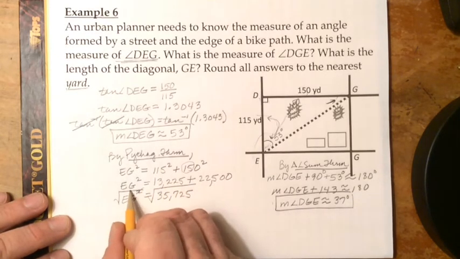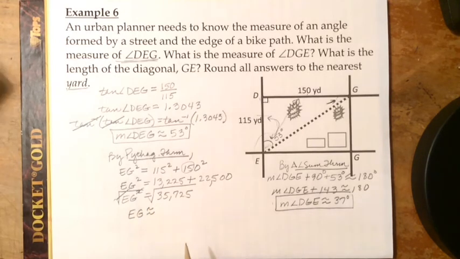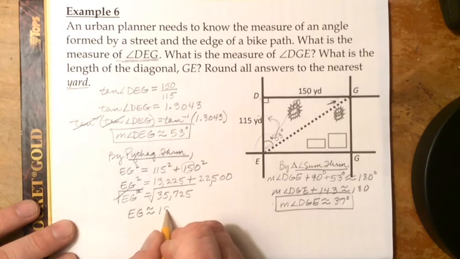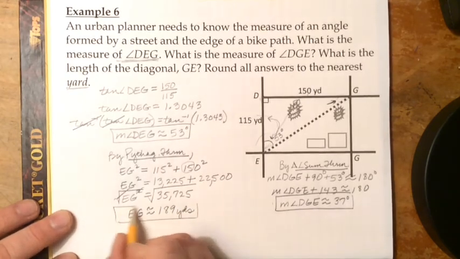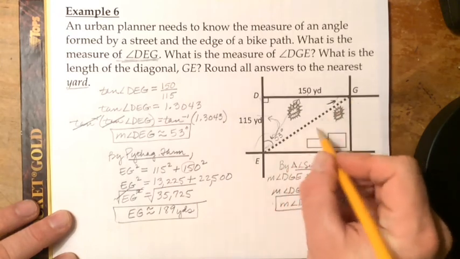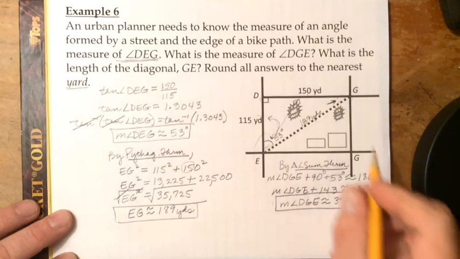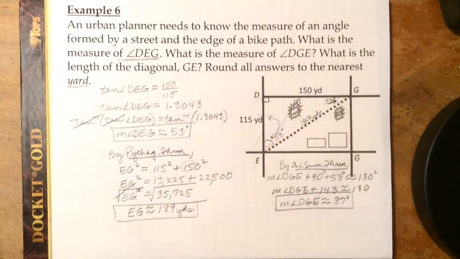So we take the square root, and EG is approximately equal to, putting that in your calculator, the square root of 35,725. You get approximately 189 yards. 189 yards along here. And this was about 37 degrees. So we got quite a bit of information about that triangle.